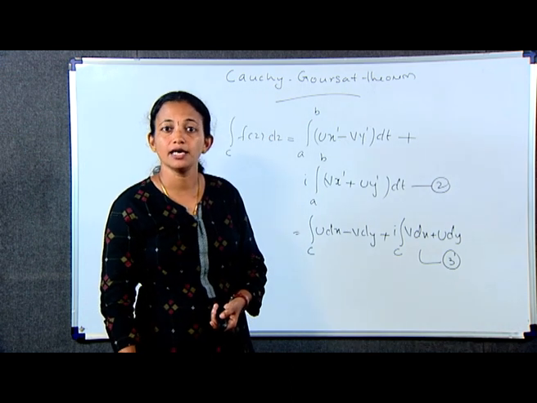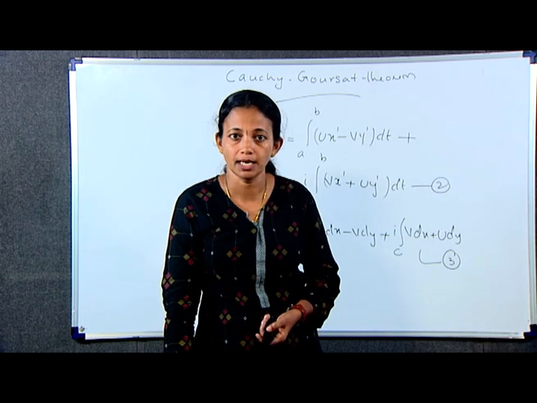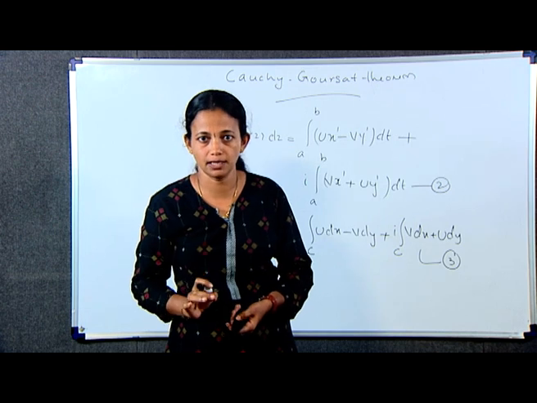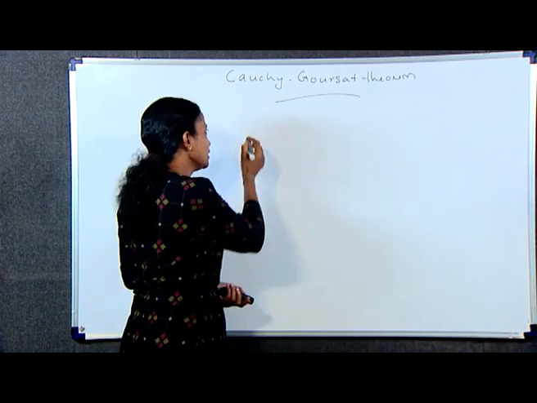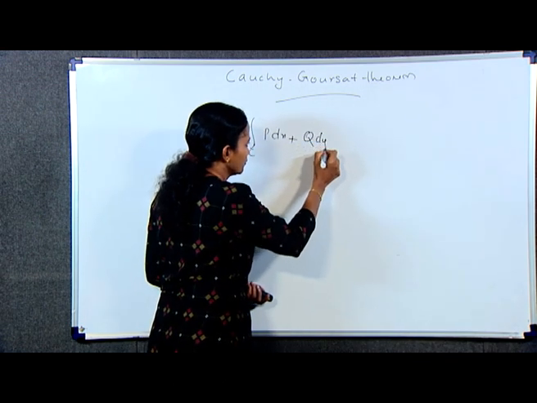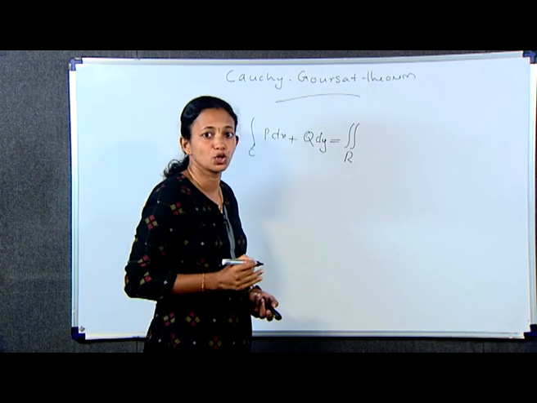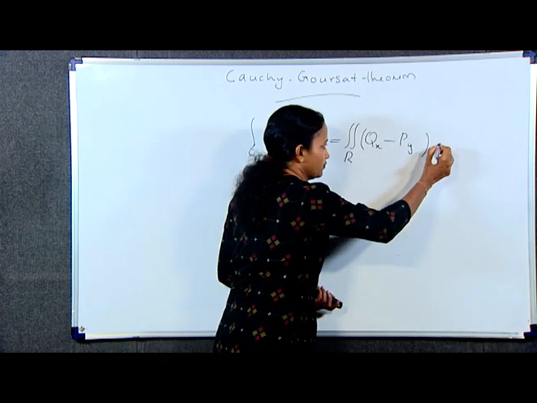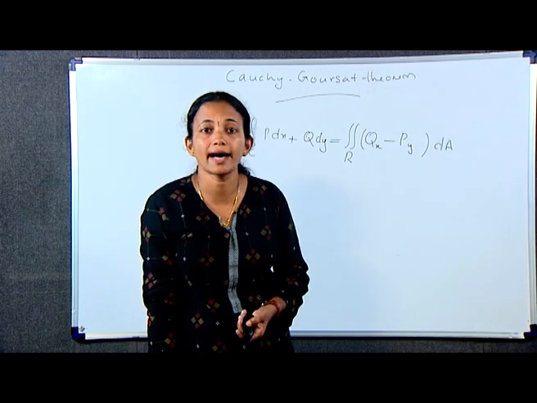That is, the theorem says that if two real valued functions, P(x,y) and Q(x,y), together with their first order partial derivatives are continuous throughout the closed region R consisting of all points interior to and on C, then the integral over C of P dx + Q dy is equal to the double integral over R of (Qx − Py) dA, where Qx and Py are the first order partial derivatives of Q and P with respect to x and y respectively.